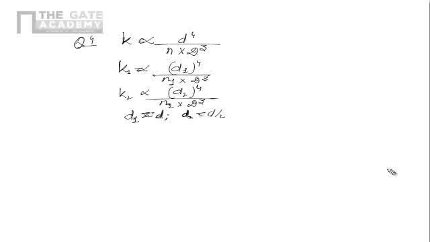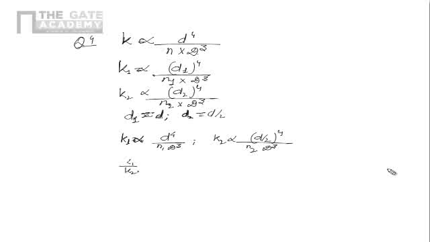So K1 is proportional to d to power 4 upon n1 D cube, and K2 is proportional to d by 2 to power 4 upon n2 D cube. These are the two relationships which we know.